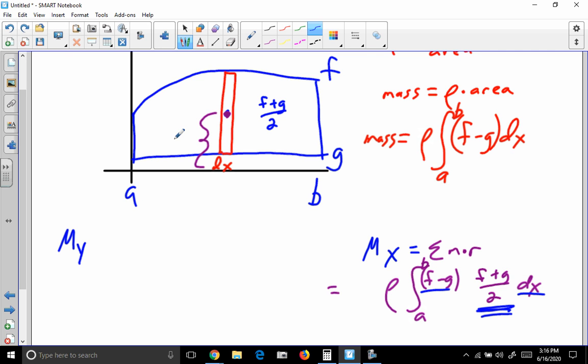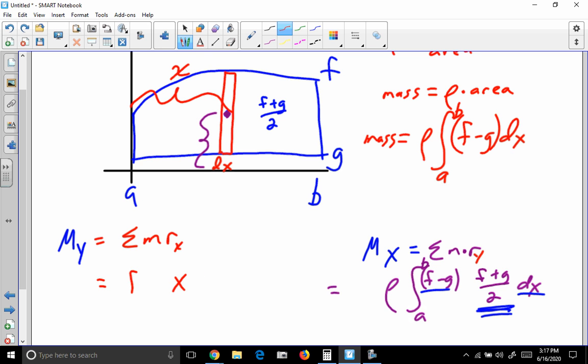To get the moment measured from the y-axis, this is the moment arm. Well, that is just our current x value. So for the moment from the y-axis, again, we sum the mass times the radius from the y-axis. We could call this y and this x, so that moment arm is given by x.